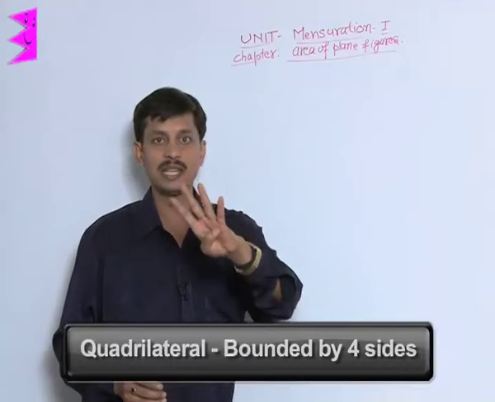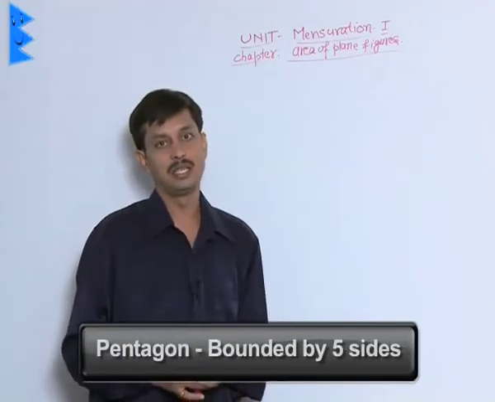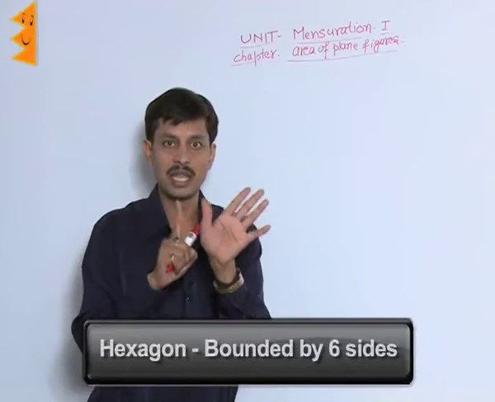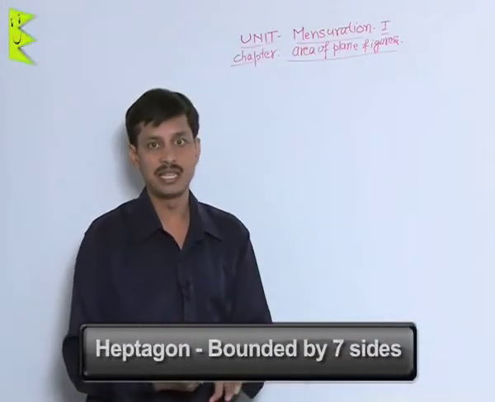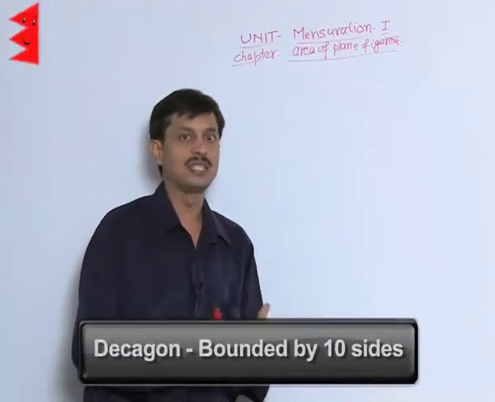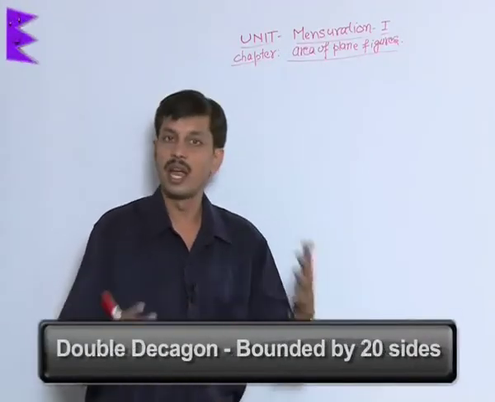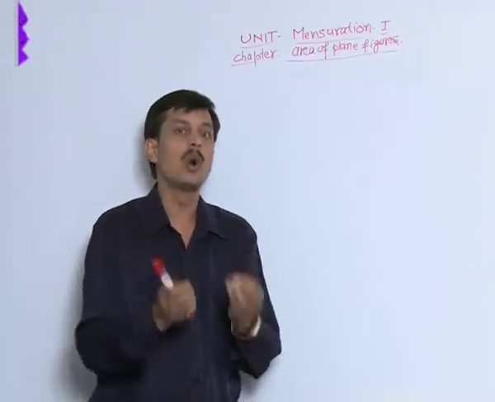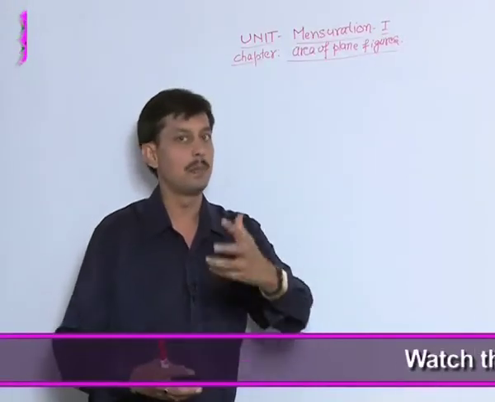Bounded by 4 sides is a quadrilateral. Bounded by 5 sides is a pentagon. Bounded by 6 sides is a hexagon. Bounded by 7 sides, heptagon. 9 sides, nonagon. 10 sides, decagon. 20 sides, double decagon. And if you do not want to mention sides, you say it is a polygon.